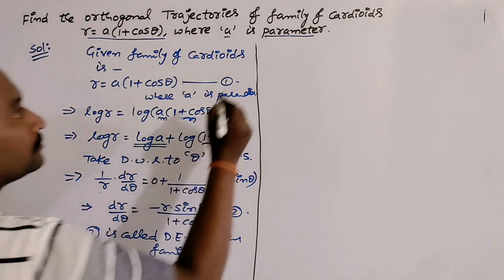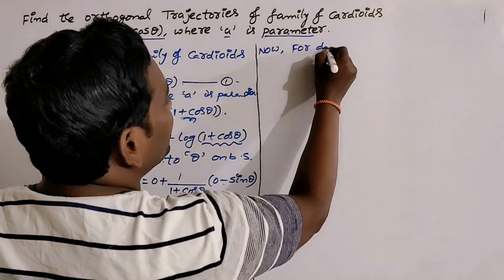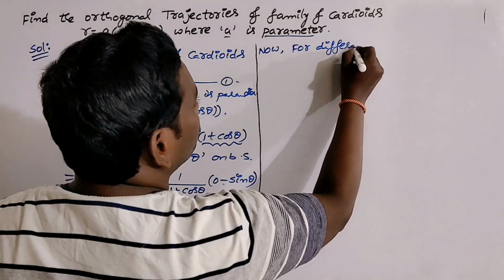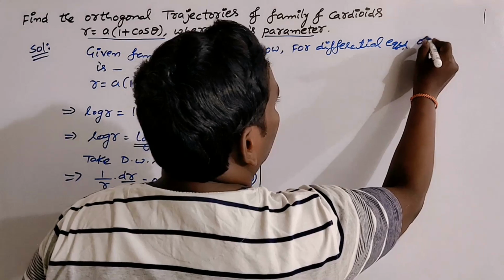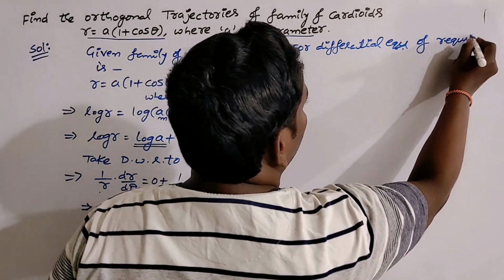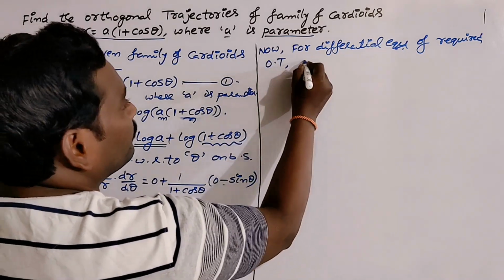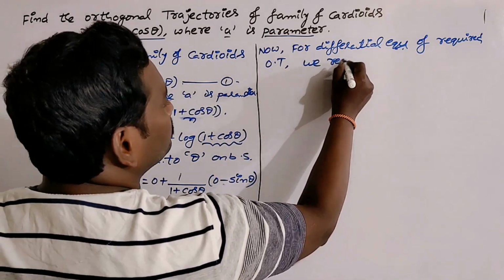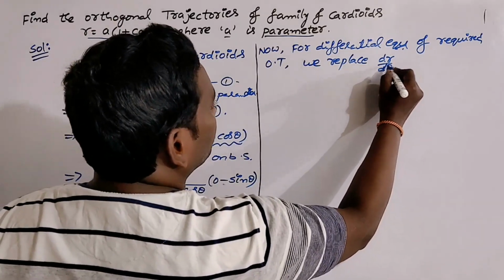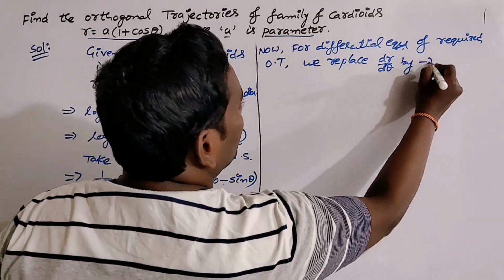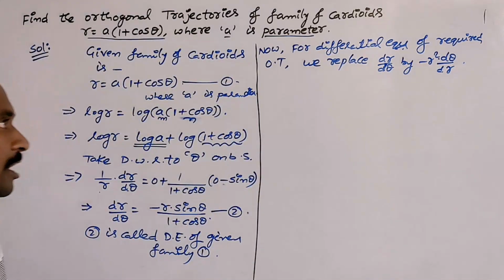Now, for the differential equation of the required orthogonal trajectories family, we should replace dr by d theta by minus r square into d theta by dr. This is the rule in the concept of polar coordinates.